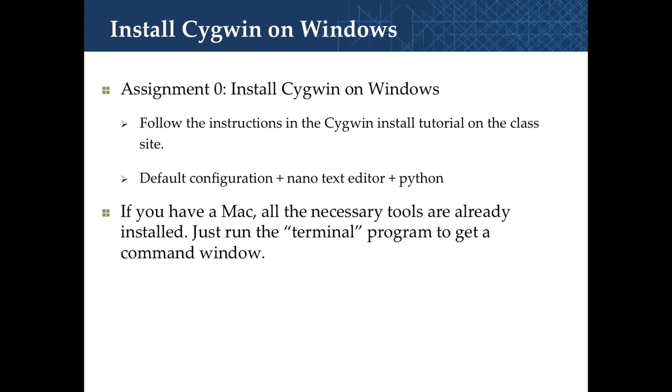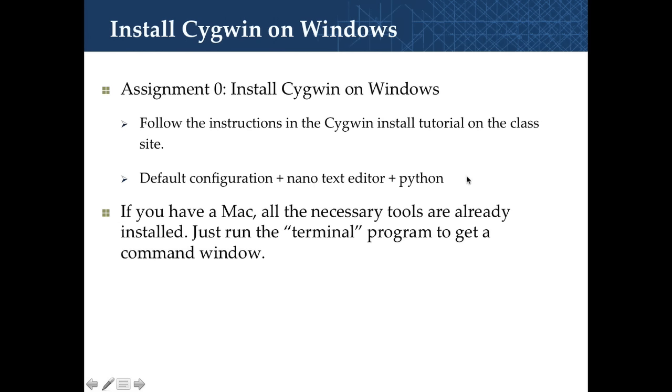Well, we're almost done here with this session. One of the first things you should do is install Cygwin on Windows if you're a Windows user. And there's a tutorial, a PDF file on the class site, to show you how to do that. You should pick the options for the default configuration plus the nano text editor plus Python.